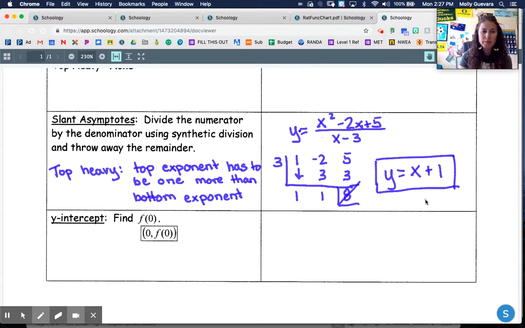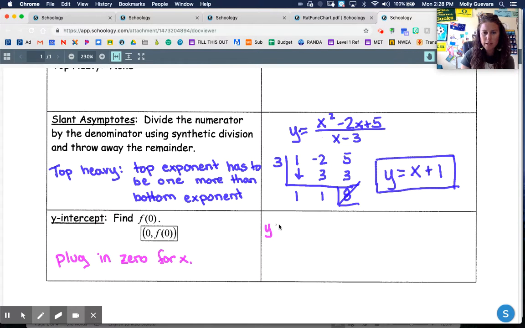The last one that we're going to do is the y-intercept. For the y-intercept, it's nice and easy. All we're going to do is plug in 0 for x. Right, plug in 0 for x.